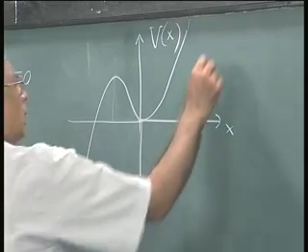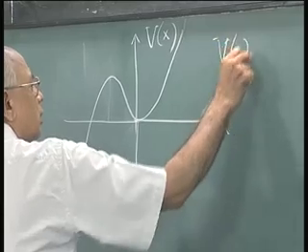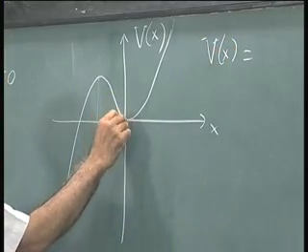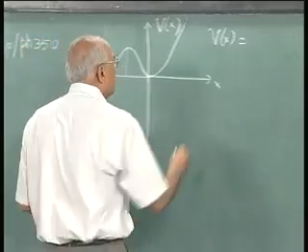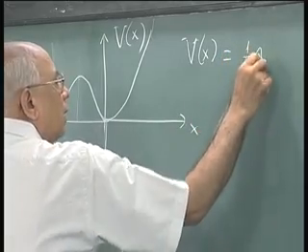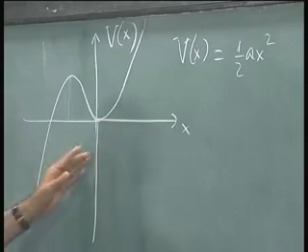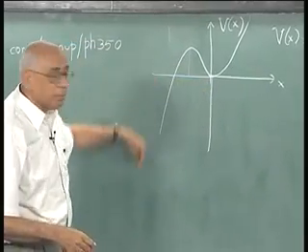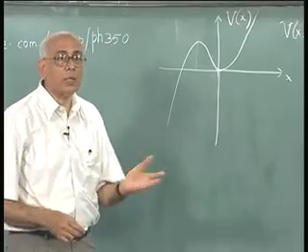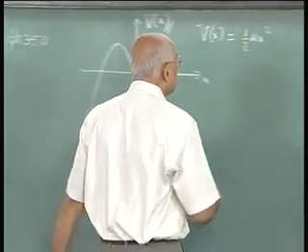I mean, we can write a formula down for this V of x. The simplest formula would be, well, if it has got a simple minimum here, it is roughly parabolic in this region, so it is quadratic at that point. So let us say 1/2 ax squared, and then it goes off to plus infinity when x goes to plus infinity, minus infinity on this side, so you need an odd term, therefore the next logical term is a cubic term.